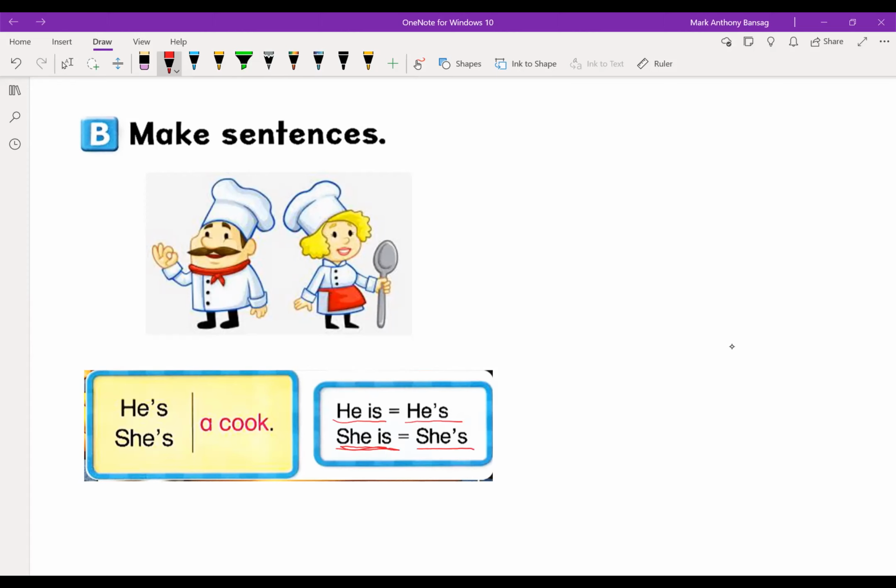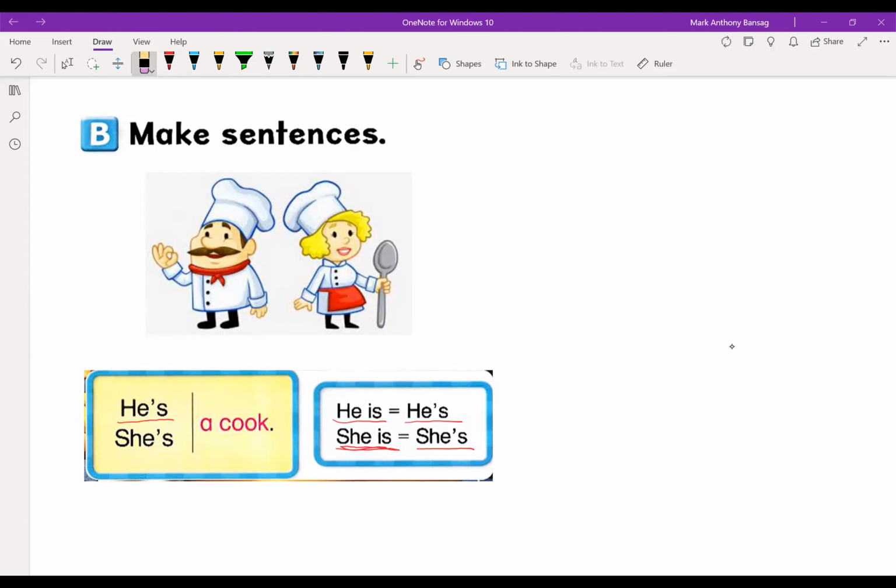Okay, for example, here, first, this is a man, so we're going to use he. So that is he's. He is a cook.